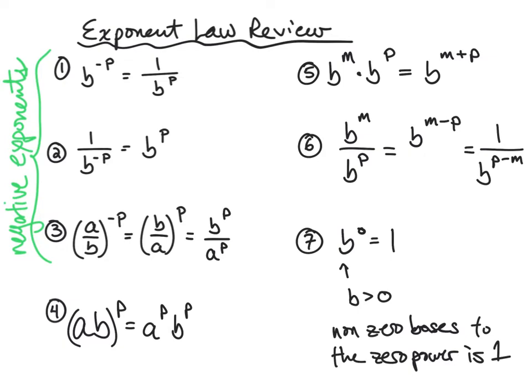We like exponents to be positive. So to get rid of a negative in an exponent, you can swap the base and the exponent to the opposite side of a fraction. If you think of this as being over 1, you can swap it to the other side of the fraction and make the exponent positive. That's how you make an exponent positive. You just take the base and the exponent and put it in the other side of the fraction.